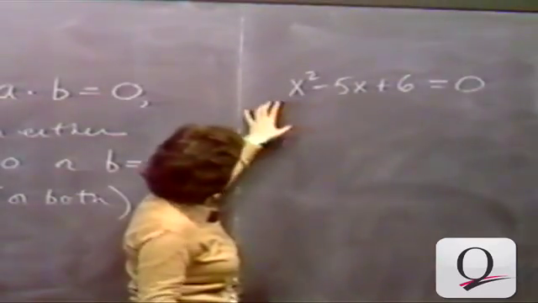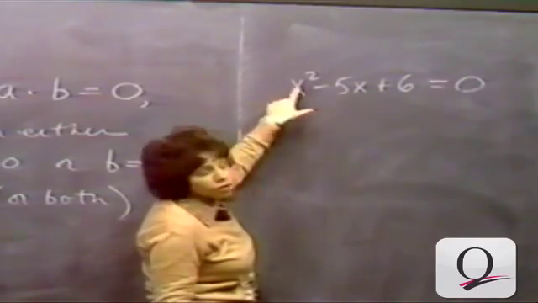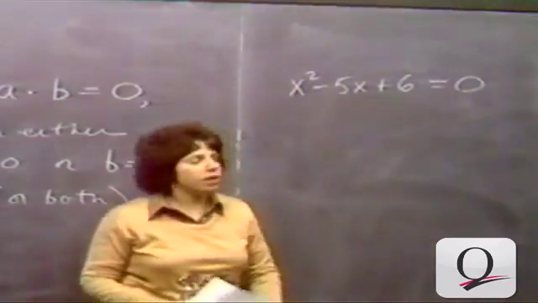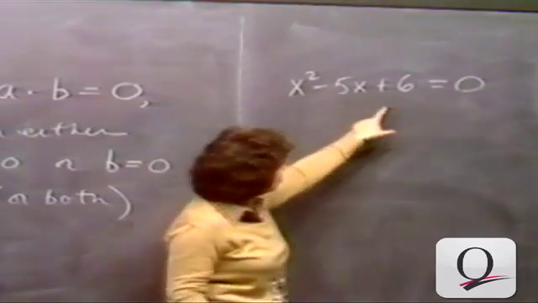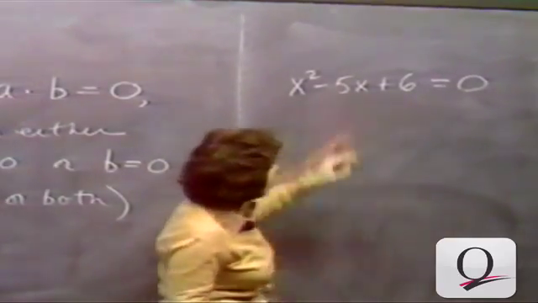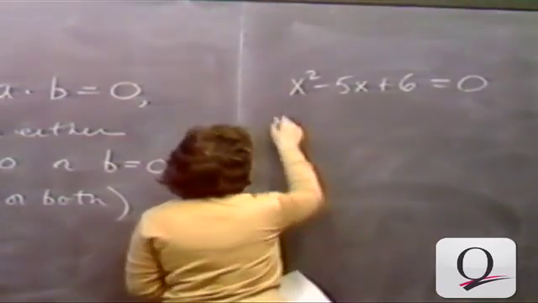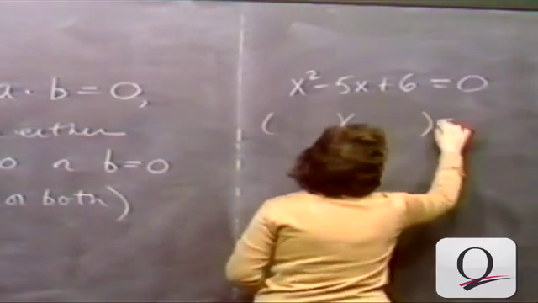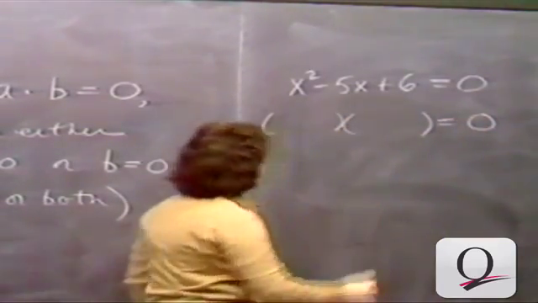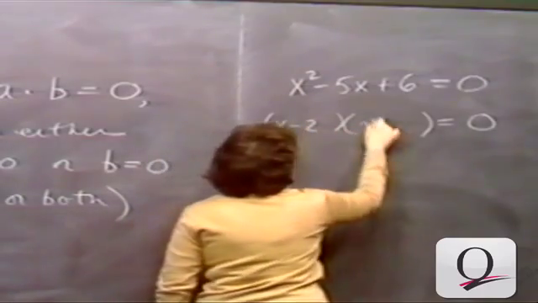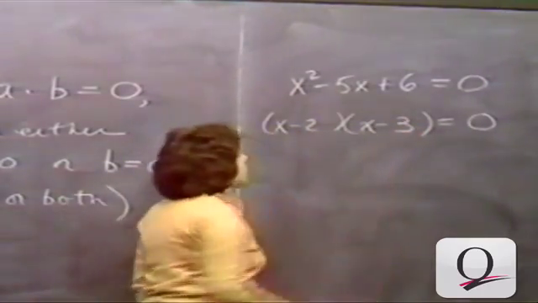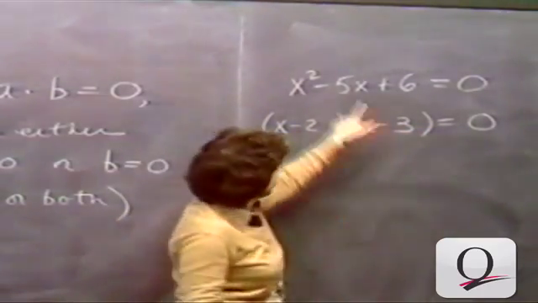First of all, we notice that the lead coefficient here is 1. The coefficient of x squared is 1. So we're looking for two numbers which multiply to 6 and add to minus 5. And the answer, of course, would be minus 2 and minus 3. Minus 2 and minus 3 multiply to plus 6 and add to minus 5.